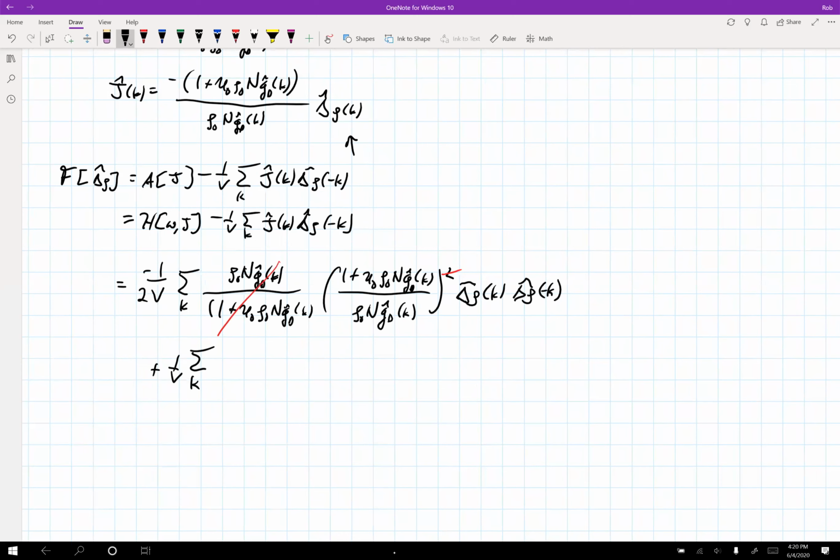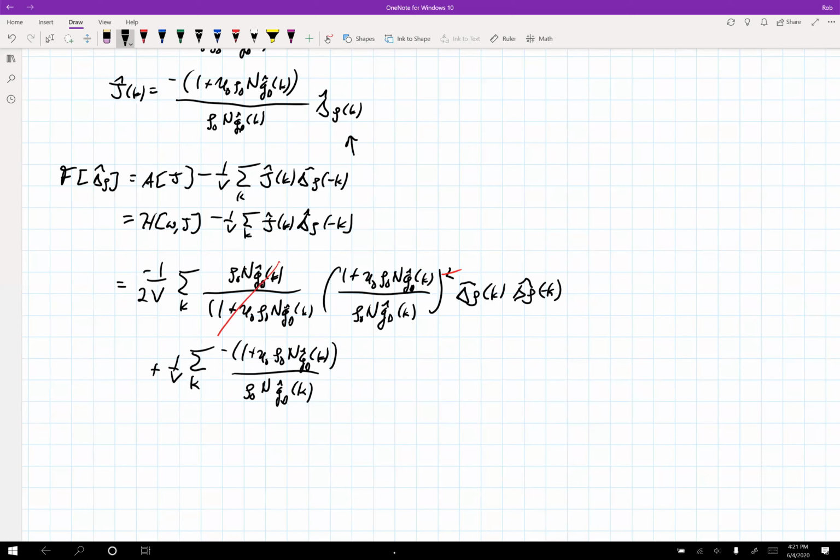For j of k, what we're going to have is minus 1 plus u naught rho naught n gd hat of k all over rho naught n gd hat of k, right?